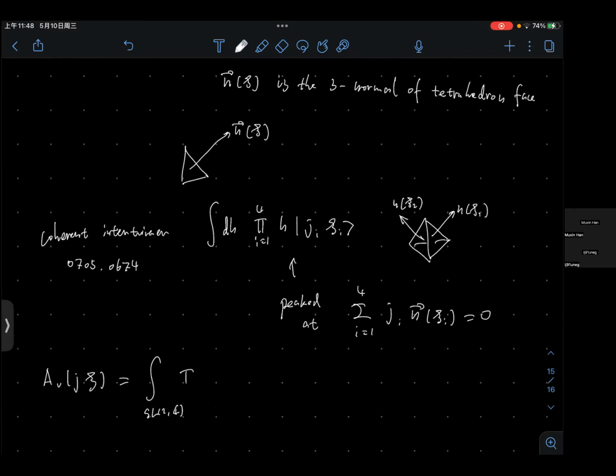Namely, before I was using the canonical basis, and now I'm using the coherent state basis. GA delta G5. Yeah, so this is a gauge fixing. Now I'm using coherent states.